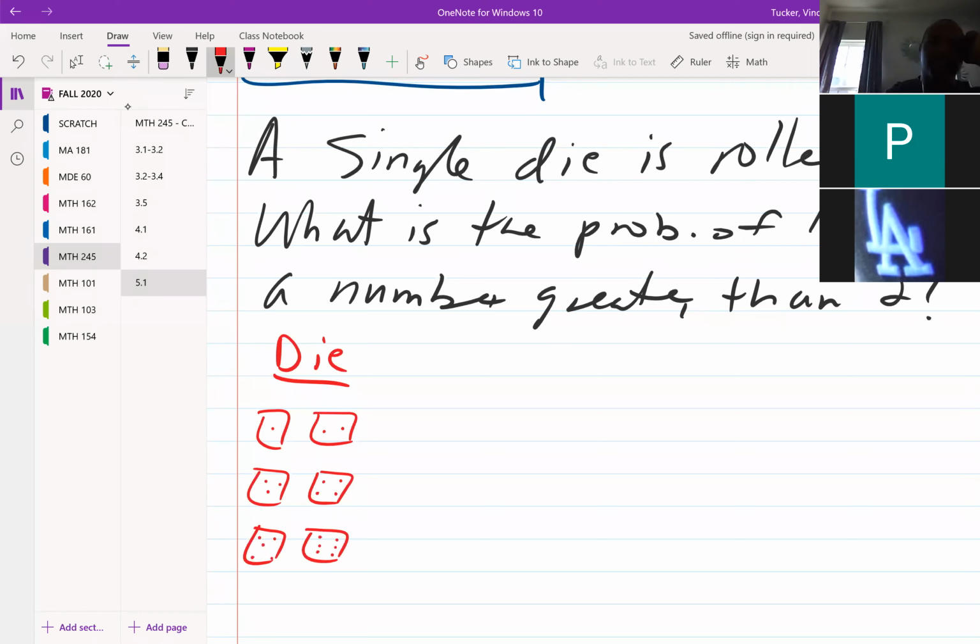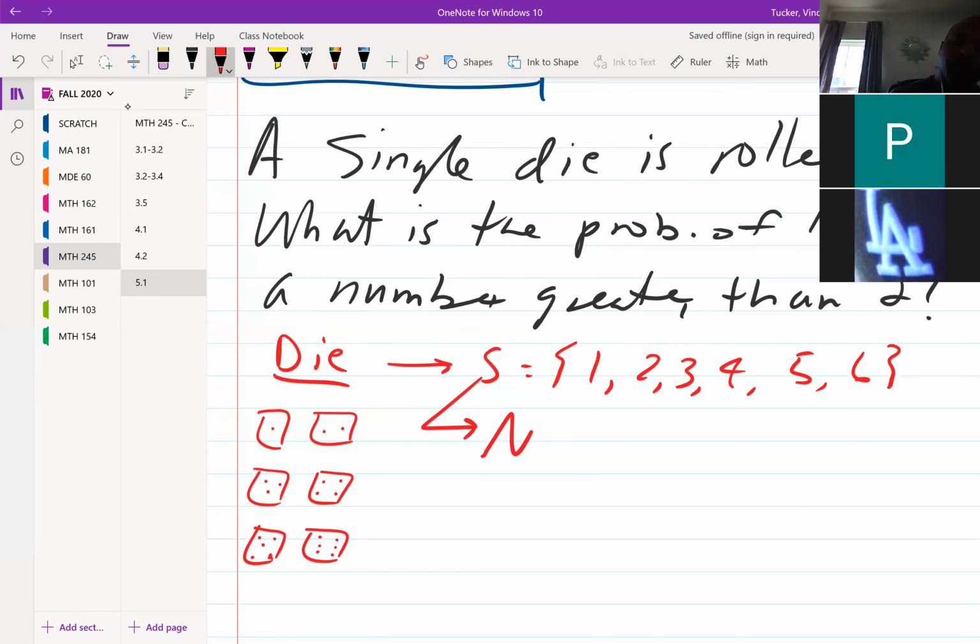So that's what we're looking at. You have 1, 2, 3, 4, 5, and 6. That's our sample space, and that means the number in my sample space is 6.